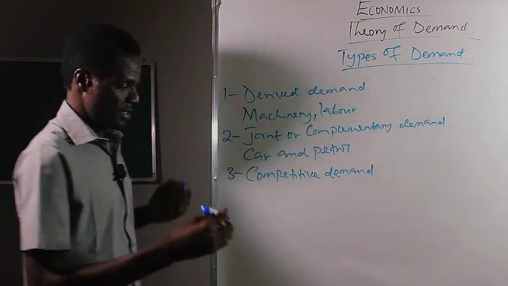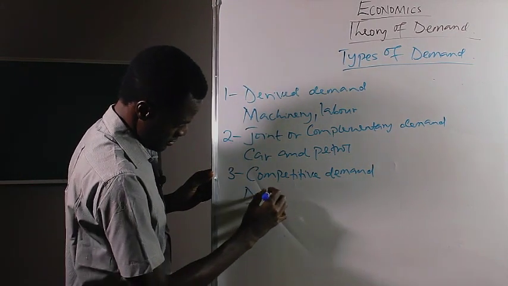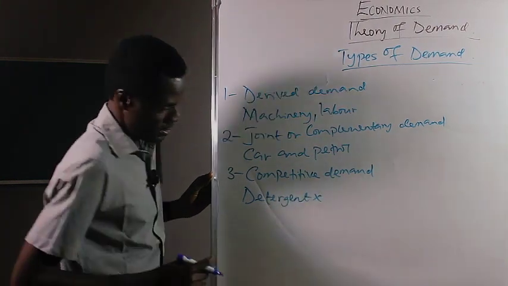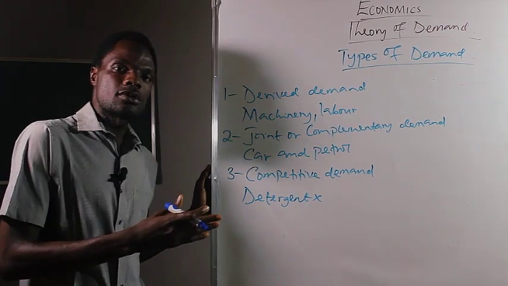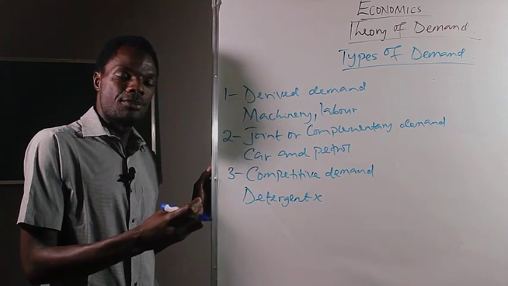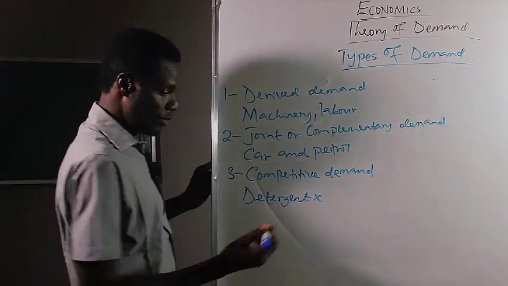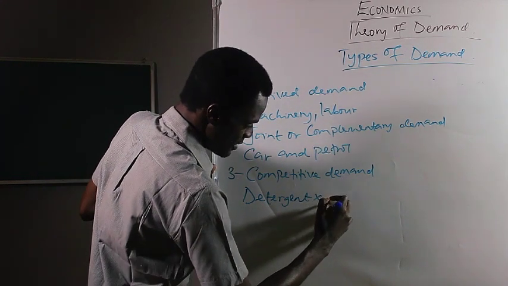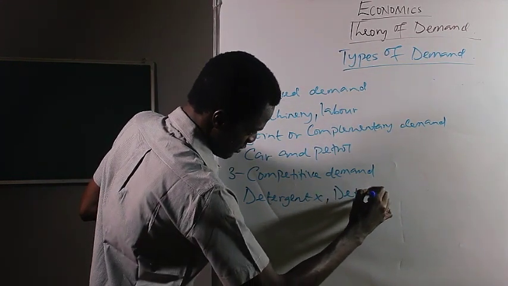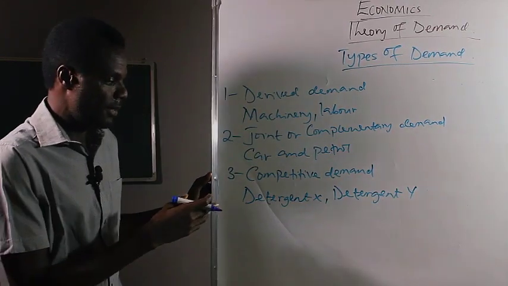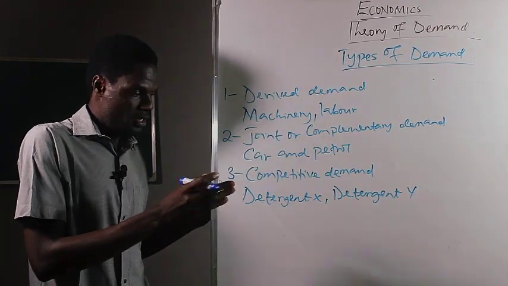For example, detergent. A detergent powder, detergent X, is used for washing clothes, for washing plates or anything else. And also detergent Y. These two goods are demanded to replace each other.